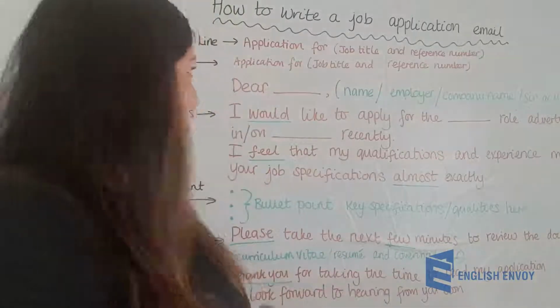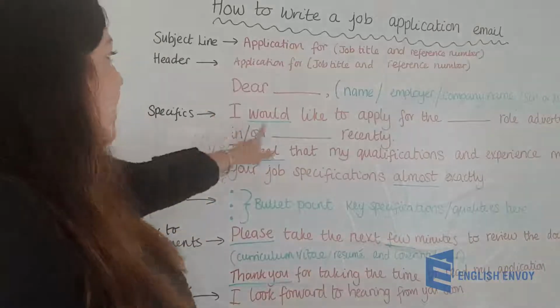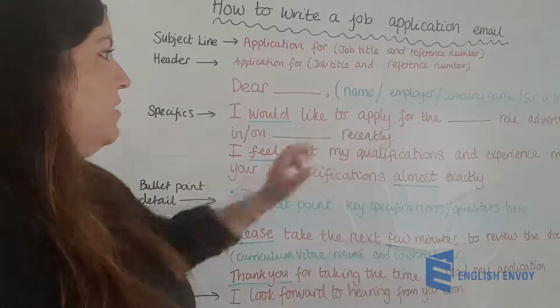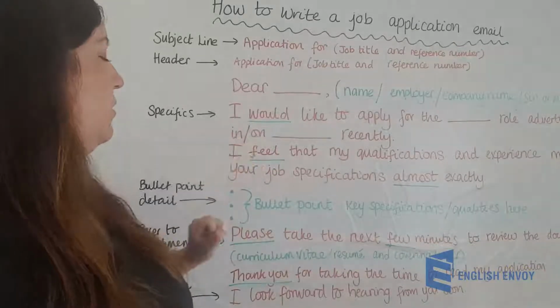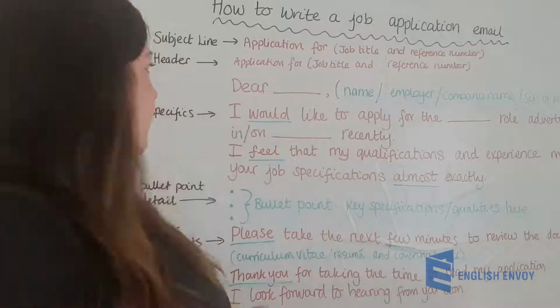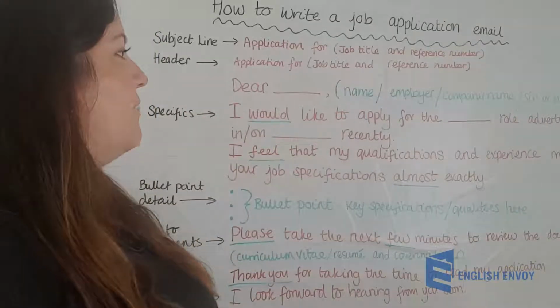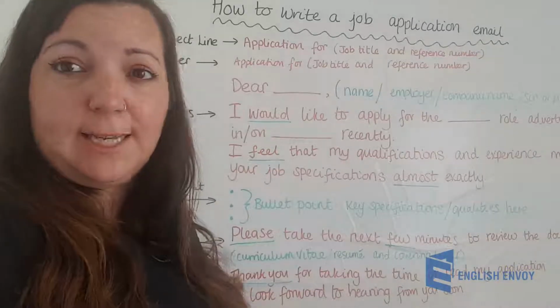Once we've addressed the reader, we're going to get to the specifics. I would like to apply for the something role advertised in or on where it was advertised recently. So for example, I would like to apply for the teaching role advertised in the local newspaper recently.